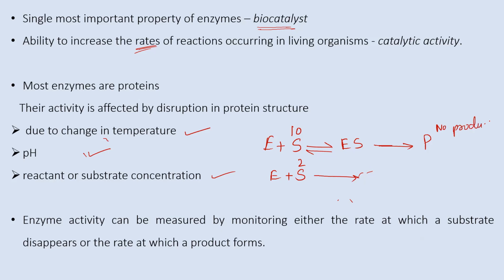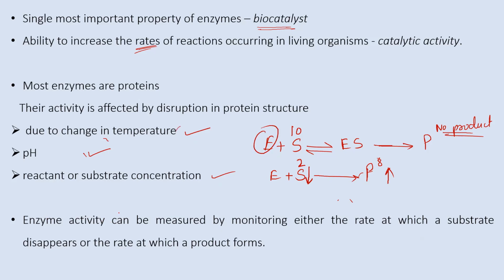When you are at the initial step of the reaction, you have just added the enzyme and the substrate, there is no product. But after some time you see that substrate concentration has reduced to 2 and the product concentration is now say 8. So it means that the substrate concentration has decreased and the product concentration has increased. So your enzyme is active.